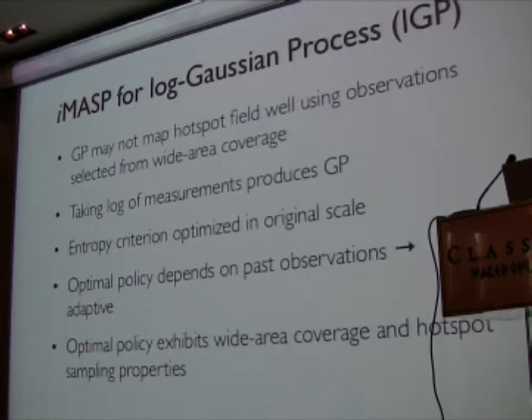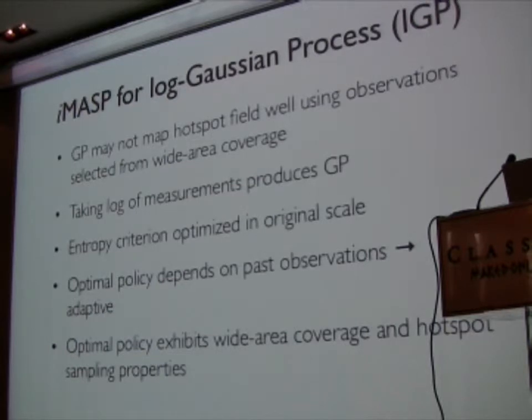So in this case, if we use the log Gaussian process to model it, the entropy criterion is optimized in the original scale rather than the log scale. And what log Gaussian process simply means, as I mentioned, is you just take the log of the original measurements and it will give you the Gaussian process sample.